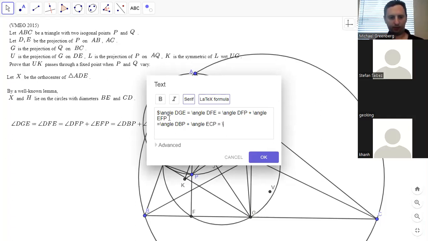And that's angle QBC plus angle QCB, which is 180 minus angle BQC.